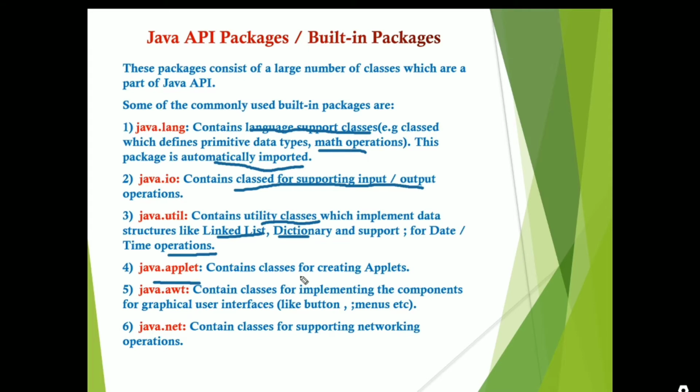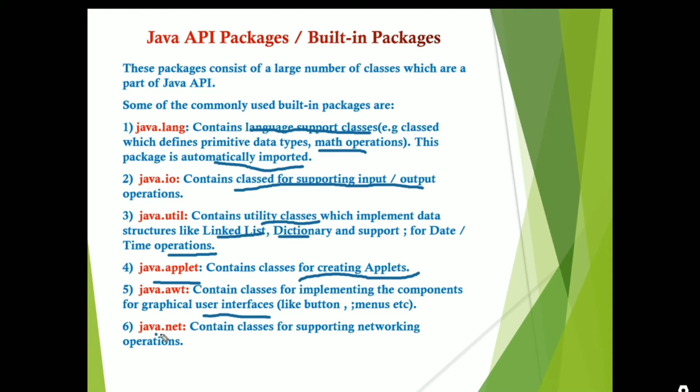Java.applet, which contains the classes for creating applets. And java.awt, the abstract window toolkit, which contains the components for graphical user interfaces like buttons, menus, text boxes, label boxes. All belong to these GUI components, which are included in the AWT package.